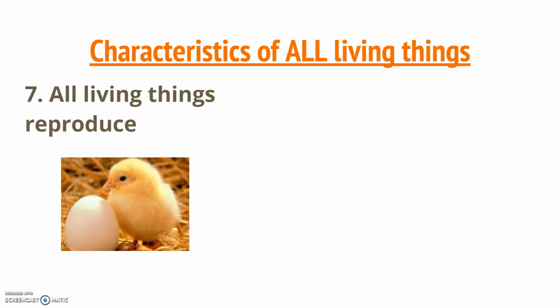Now, whether that's a chicken having a baby chick, or a human having a baby, or a seed that gets planted and grows into a plant to then release seeds of its own to grow new plants. However it happens, all living things reproduce. If it doesn't reproduce, it's not living.